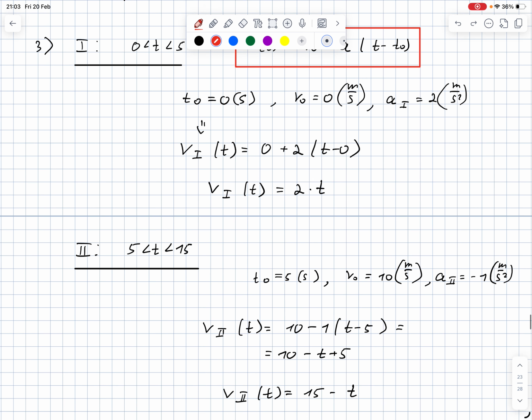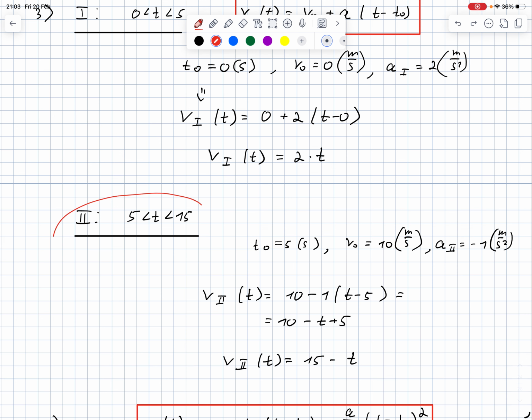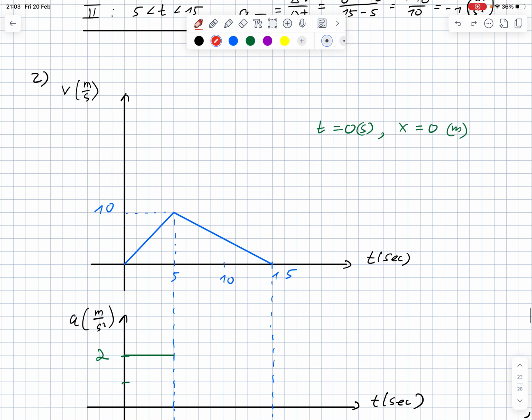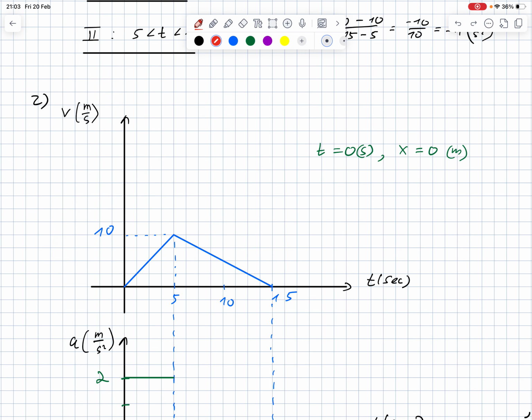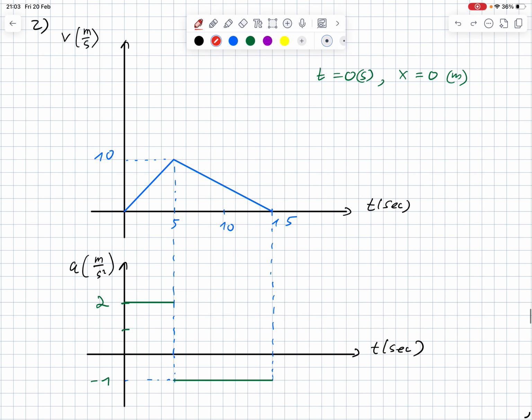Now let's go to the second part. When we look at the graph, we know that when time equals 5 seconds, the initial velocity is 10 meters per second.